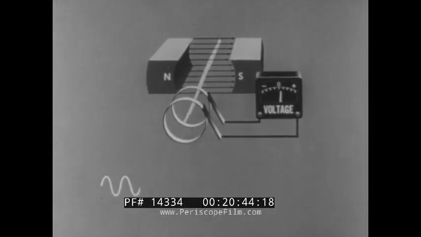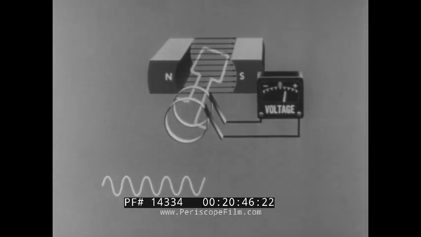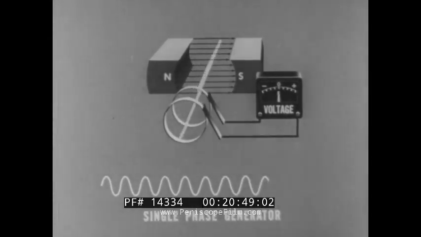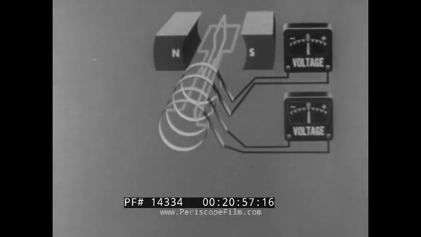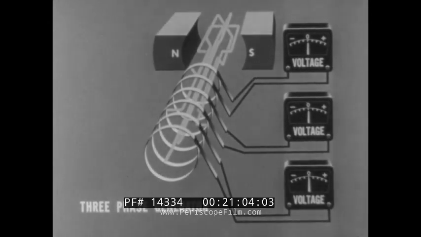The simplest AC generator shown here is the single-phase generator. This machine produces a single AC voltage. In the two-phase generator, we find two loops 90 degrees apart. And in the three-phase generator, three loops 120 degrees apart.